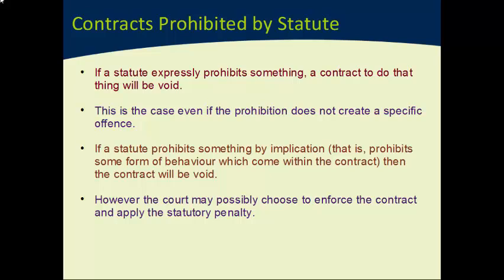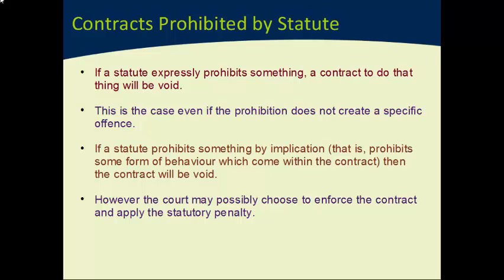Now we've got to look at contracts which are prohibited by statute. We've already said that contracts for something illegal are void, but of course there's a whole world of statute out there that doesn't create crimes, but still restrains people in their activities, still allows or prohibits particular activities. So how do those sorts of statutes affect contract?